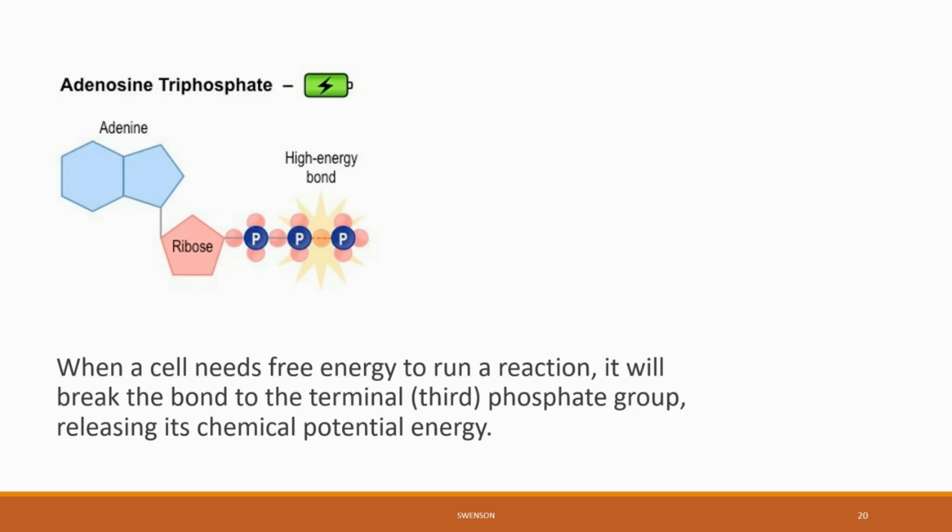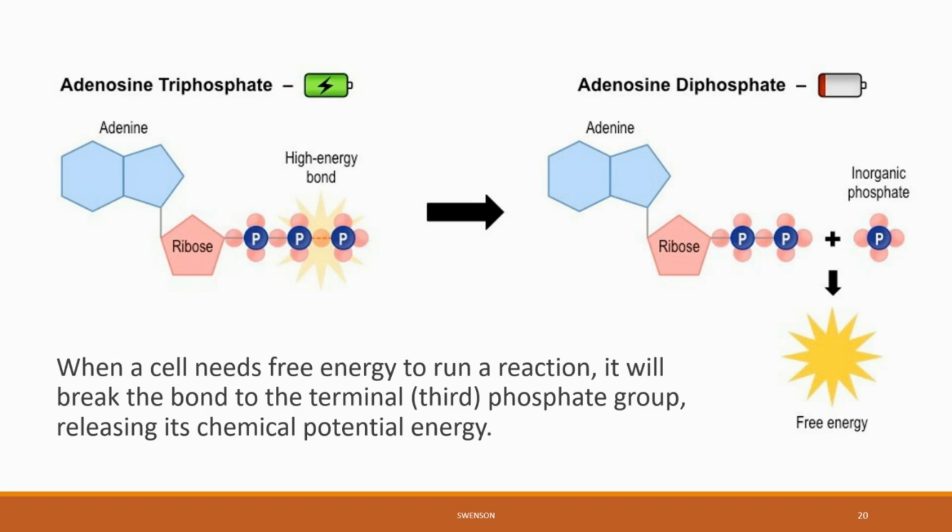The fully charged version of this molecule has all three phosphate groups. When the cell wants to use an ATP molecule, it will break off one of the phosphates, releasing the energy. As a result, the adenosine triphosphate becomes adenosine diphosphate, or ADP.